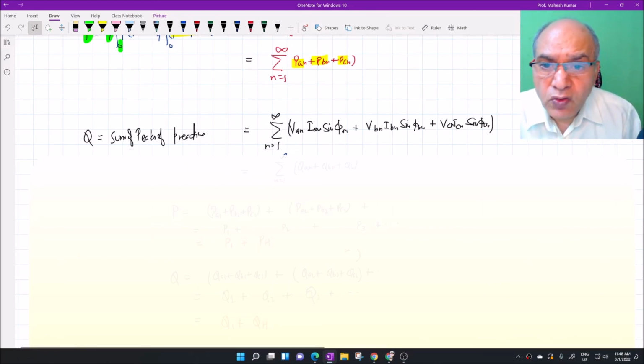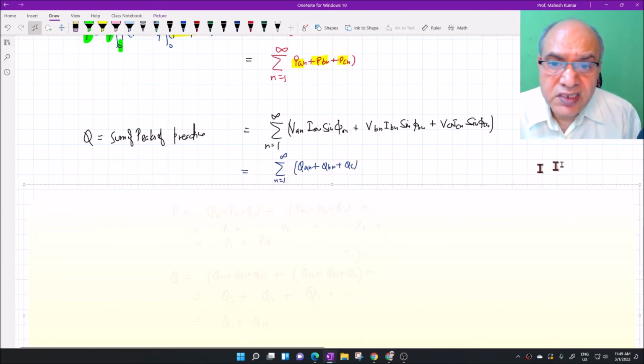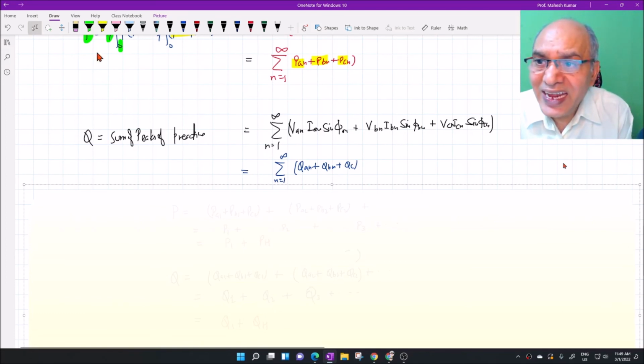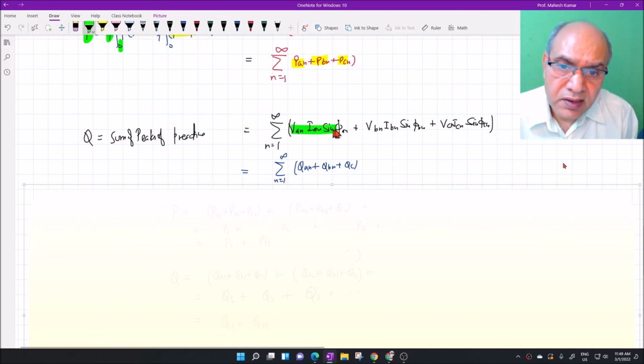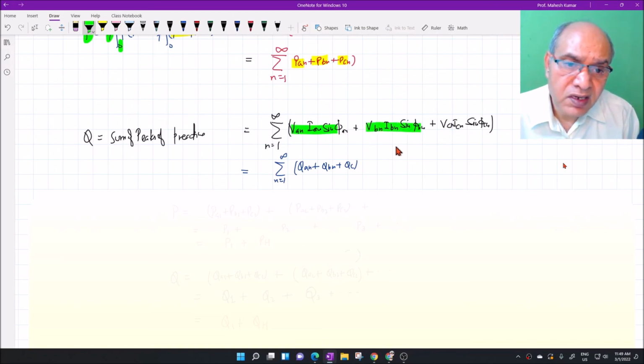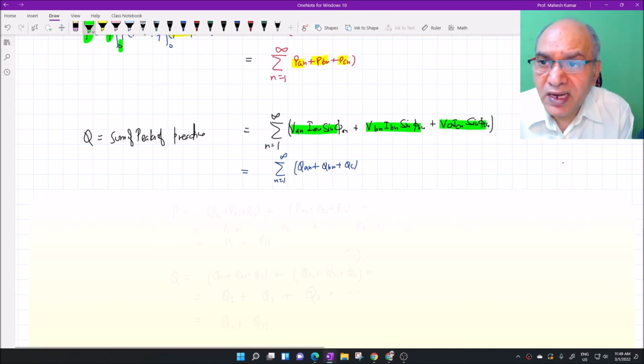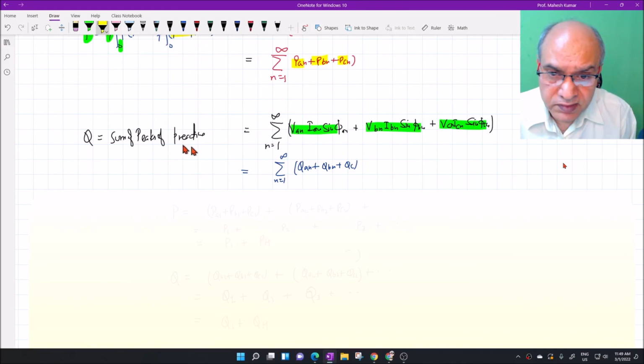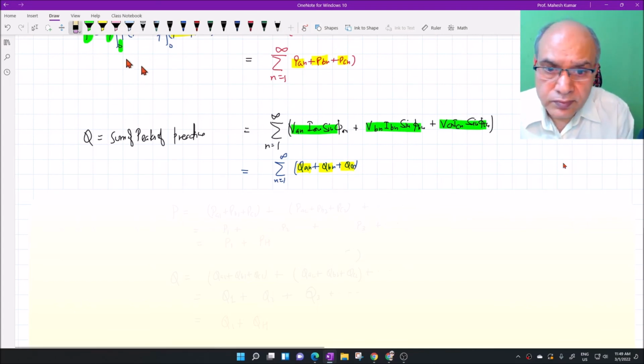That is basically QA plus QB plus QC. So QA is VAN IAN sin phi AN, and QB is VBN IBN sin phi BN, and QC is VCN ICN sin phi CN. If we add them, we will get the total reactive power, that is QAN plus QBN plus QCN. This is N here.